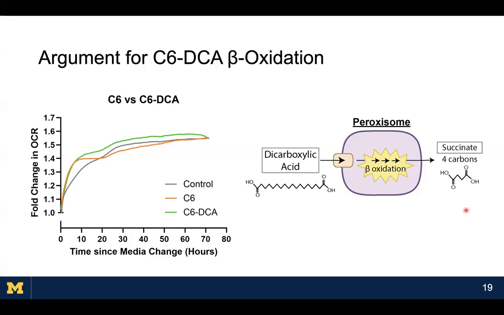We're not entirely sure if it actually feeds the TCA cycle, but we're hesitantly concluding, before we do acylcarnitine profiling or DCA profiling, that peroxisomes break down dicarboxylic acids all the way to succinate rather than adipic acid. And again, that's very niche news in a small-ish field of research.